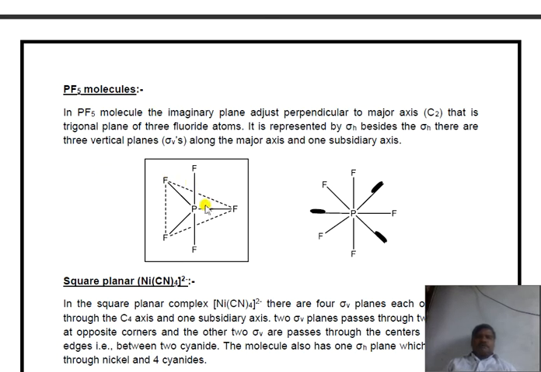PF5 molecule. In this molecule, there is a C3 principal axis passing through the top F, the bottom F and phosphorus. There is a plane of symmetry perpendicular to the principal axis, that is sigma h, and also three sigma vertical planes of symmetry like this, which are parallel to the principal axis C3.